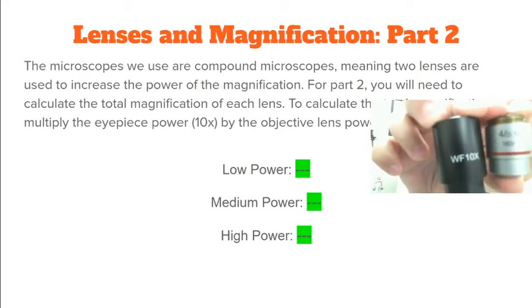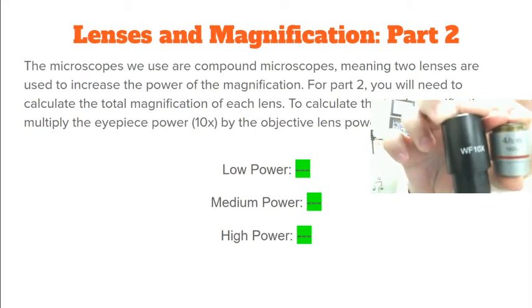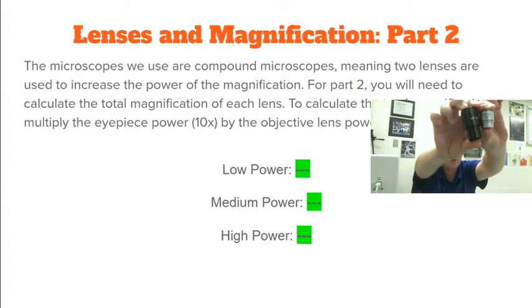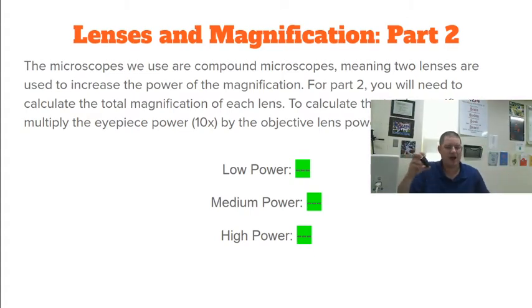And you can see that it makes a little math problem: 10x4, 10 times 4, you calculate that out. That means when using the microscope on low power, you are getting 40 times your normal eyesight because you multiply the number that is on the lens by the number that is on the eyepiece, which is pretty nifty. That way you can see 40 times the normal eyesight there.